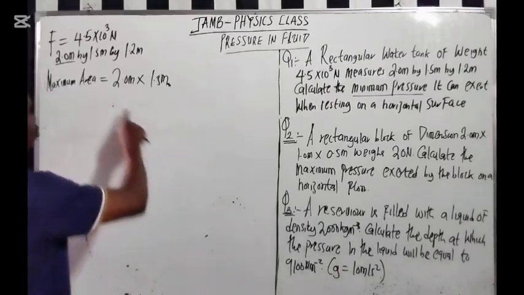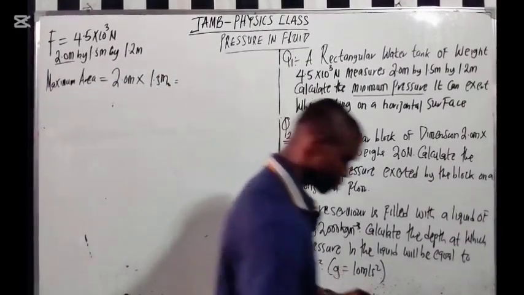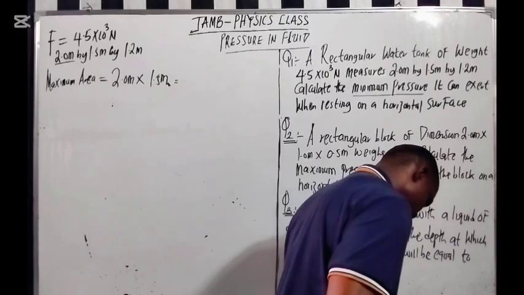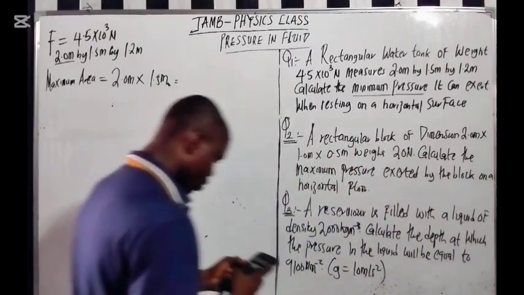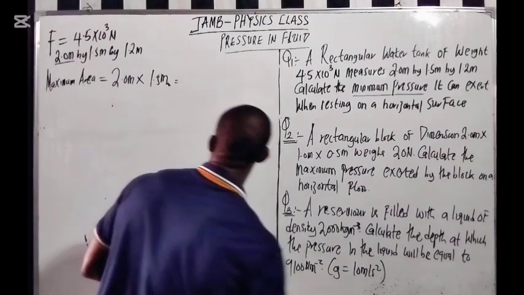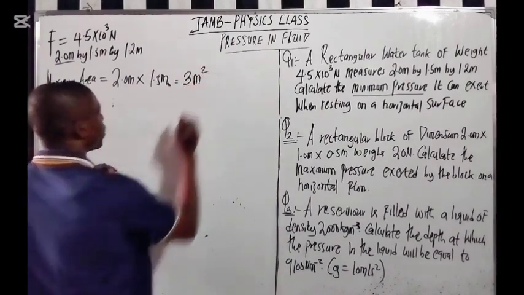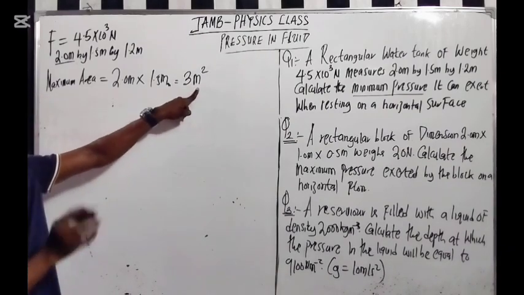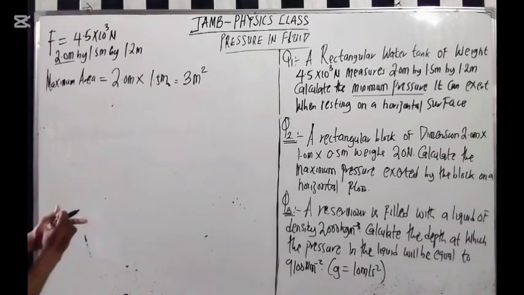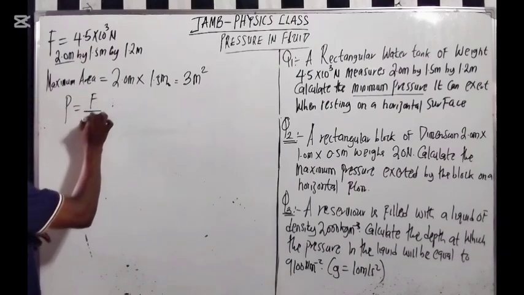So you're going to do 2.0 meter times 1.5. 2.0 times 1.5, here we have 3. So it's going to be 3 meter square. This is 3 meter square.